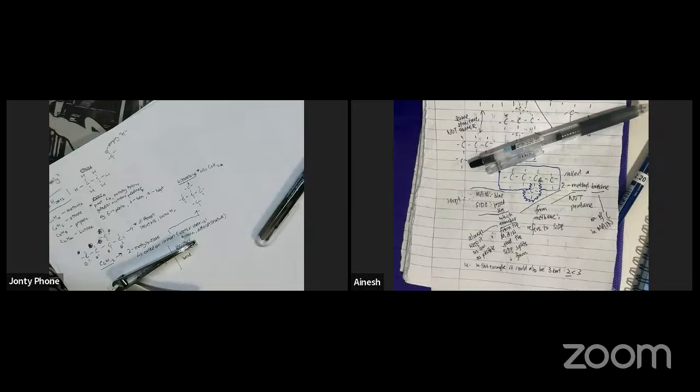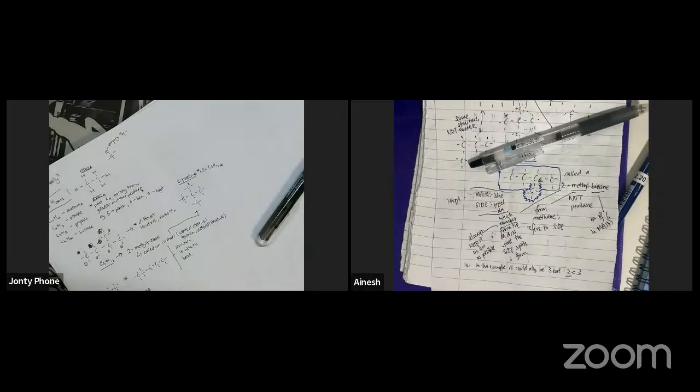Now, this is yours to make happy, Jonty and Inesh. Make them happy. No, that's not right. Hold on. I better make some space.